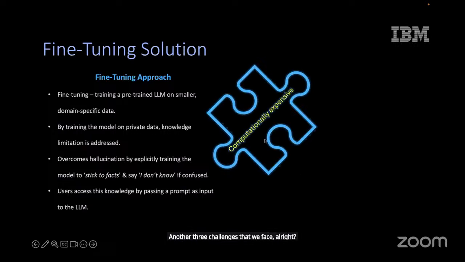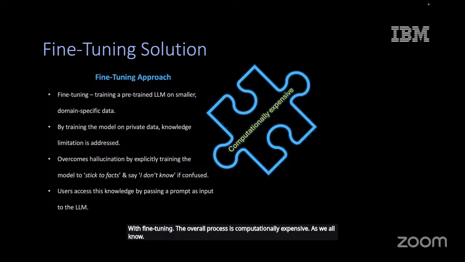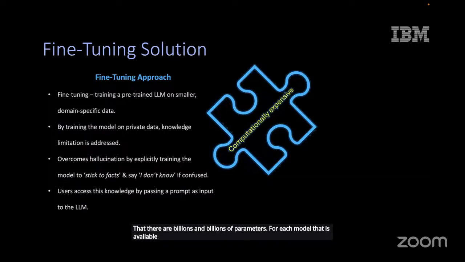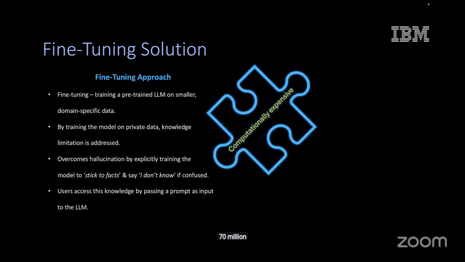So the first one is with fine tuning, the overall process is computationally expensive. As we all know, there are billions and billions of parameters for each model that is available. So some of the smallest models also have at least 70 million or 1 billion parameters, right?